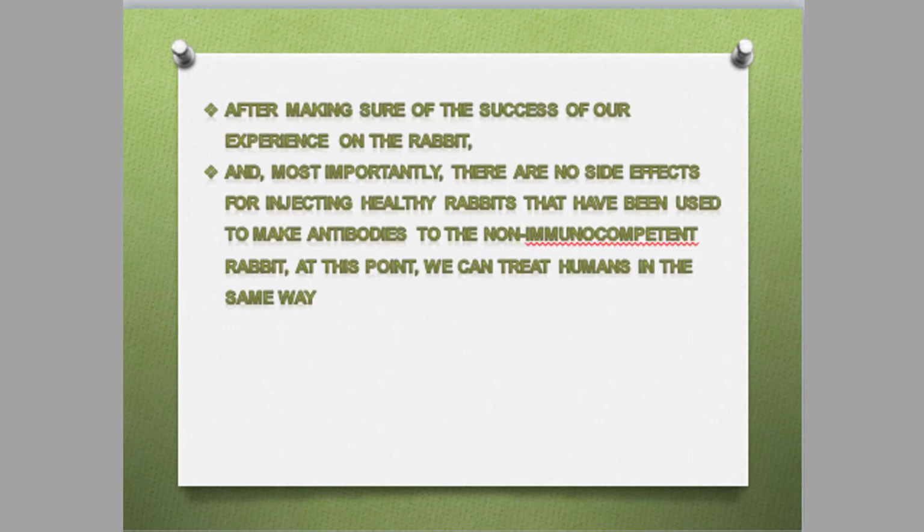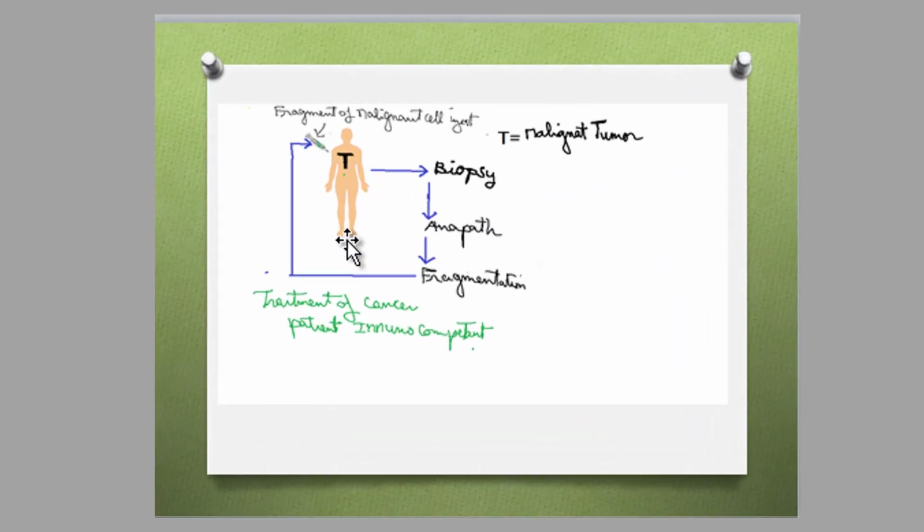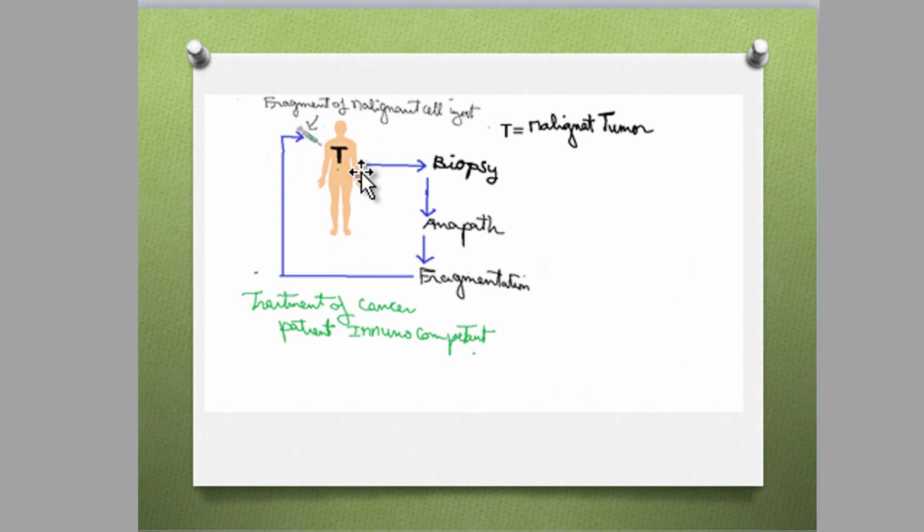After making sure of the success of our experiment on the rabbit, and most importantly, that there are no side effects for the healthy rabbits that have been used to make antibodies for the non-immunocompetent rabbit, at this point we can treat humans in the same way.